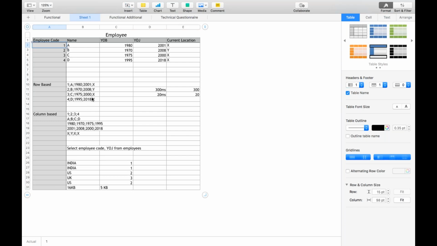So see, I also heard somewhere that transactional processing becomes a little bit slower if you go for column based compared to row based. But there are other ways through which SAP already made sure that transaction processing is faster, right? What are those ways? In-memory itself. If I compare ECC with S4 HANA, in ECC I was using the traditional database, which means the data was going into the hard disk.